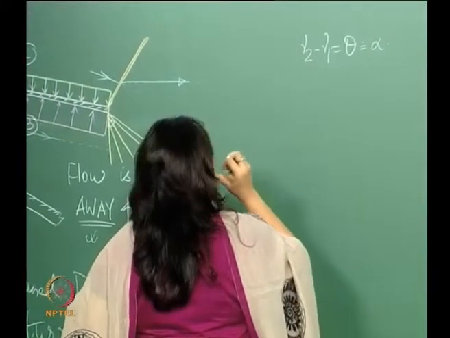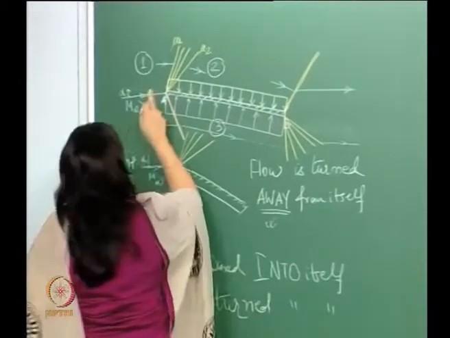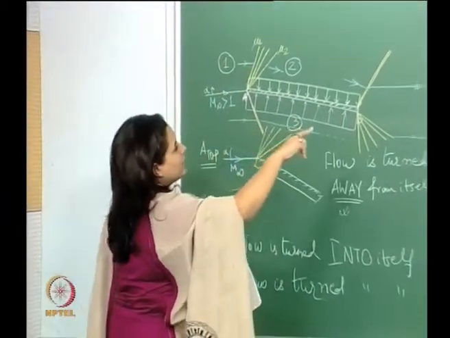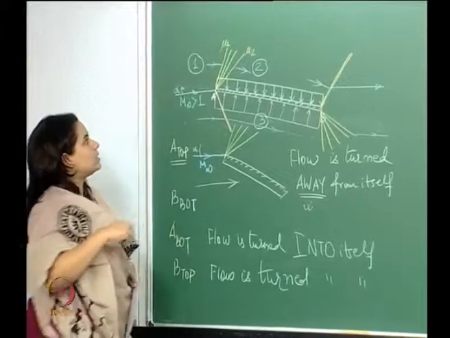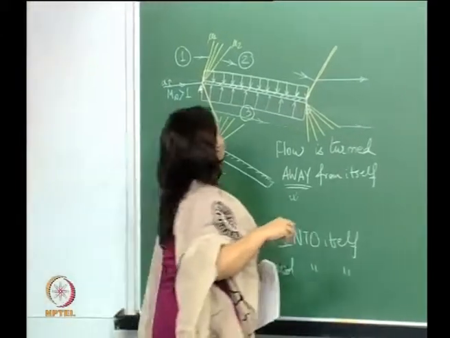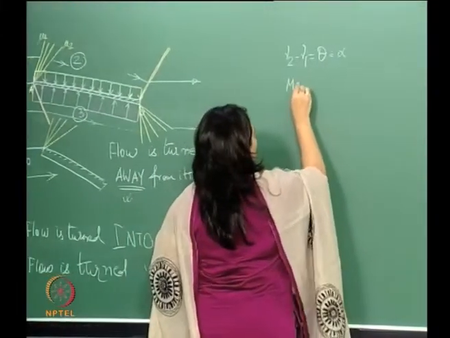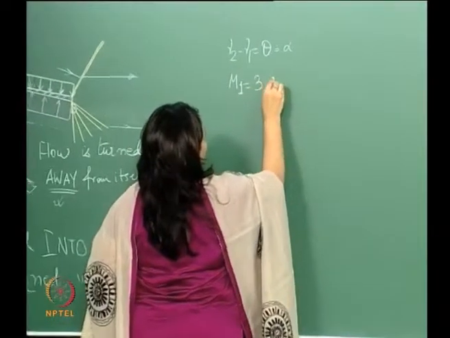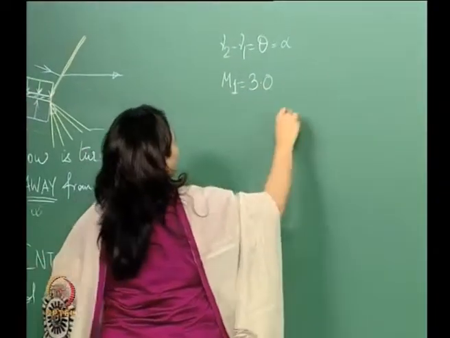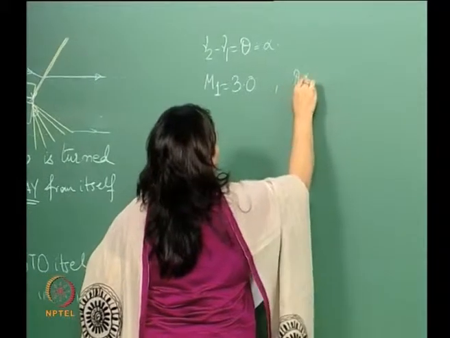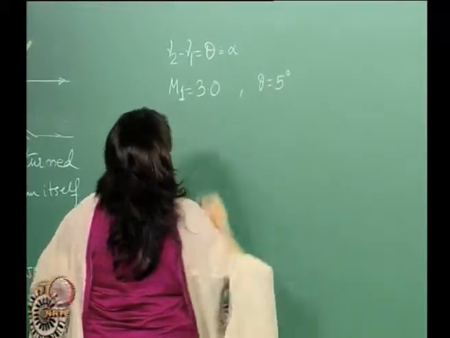Now I can calculate mu 1 because I know Mach 1. M 1 is given to us as 3, and theta is equal to 5 degrees.